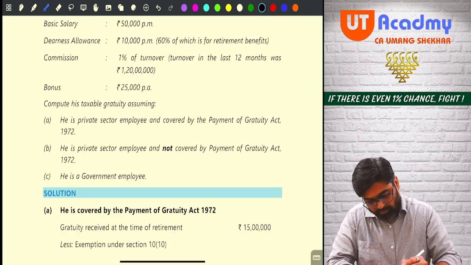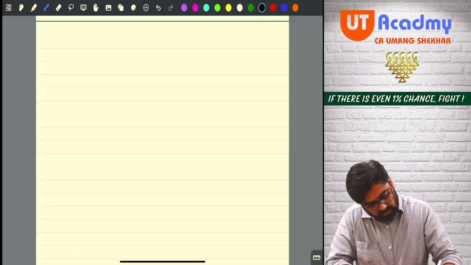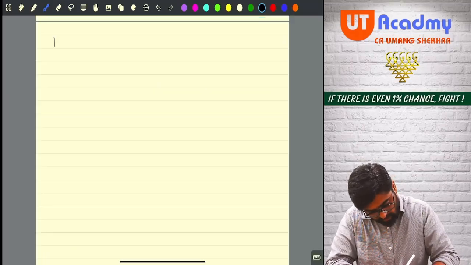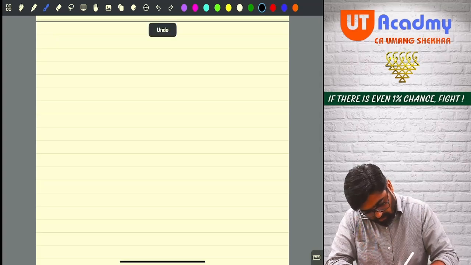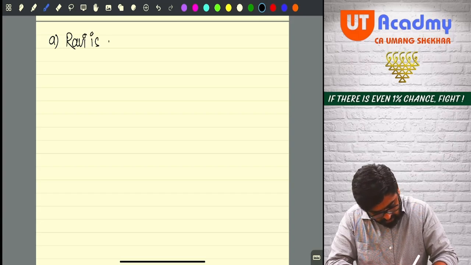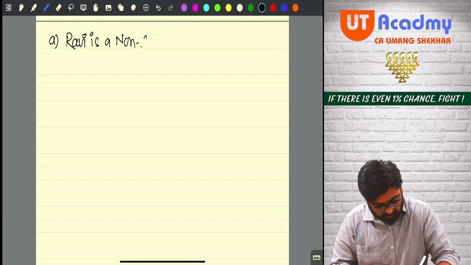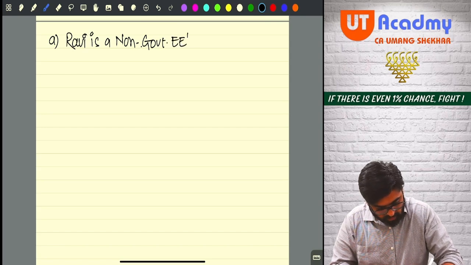See, what is the name of the assessee? Mr. Ravi. So if I say A, Ravi is a non-government employee, plus he is covered by POGA also.